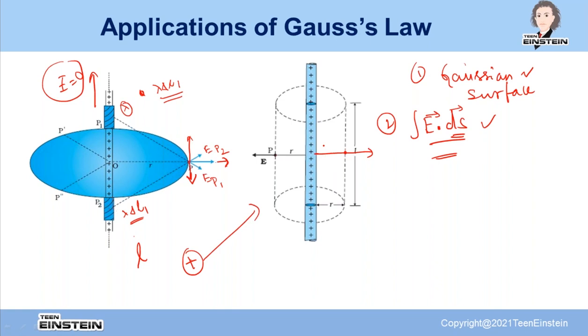Because the ds, the normal of the area, would be in this way, and the electric field is this way. So the angle between ds and the electric field will be 90 degrees. So cos 90 will give 0. Similarly, the flux through this surface also, if this is this way, there will be a 90-degree angle. So the flux here will also be 0. So the flux through the flat surface will be 0.